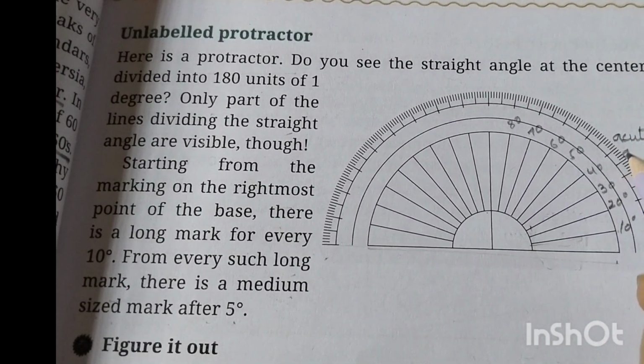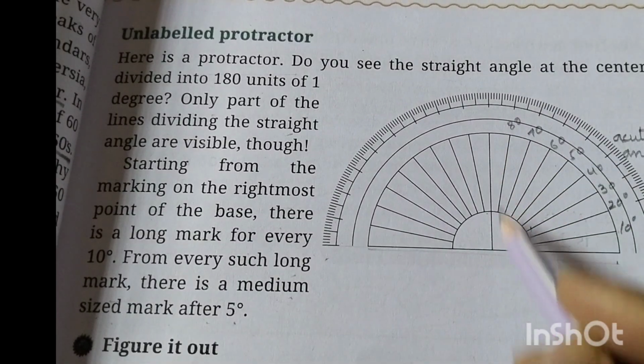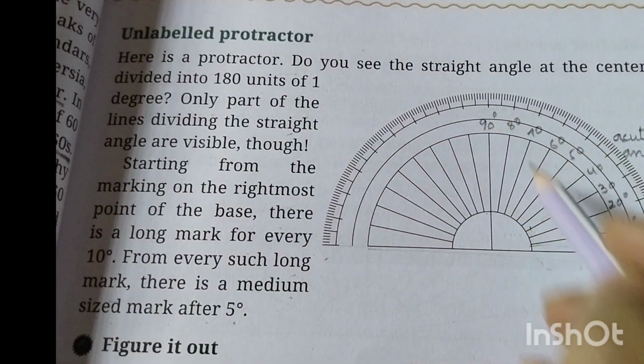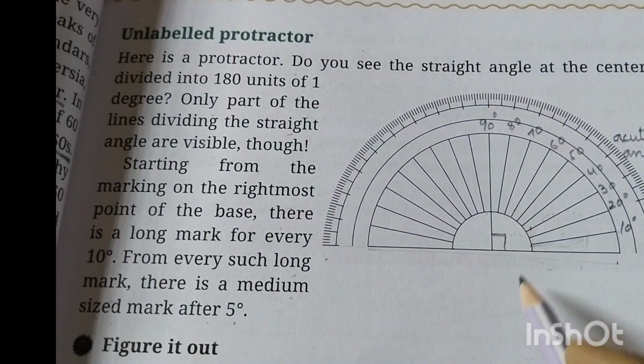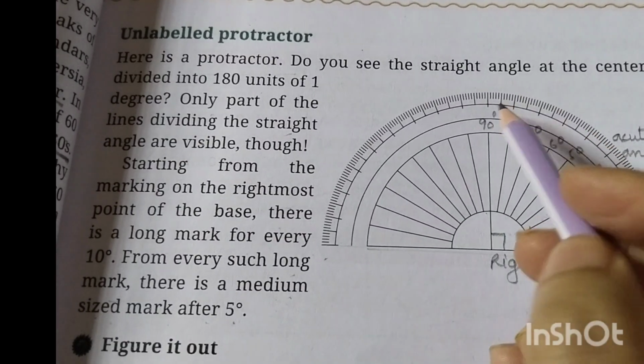Now what about this? A straight line, a perpendicular line, 90 degrees. It is a right angle.